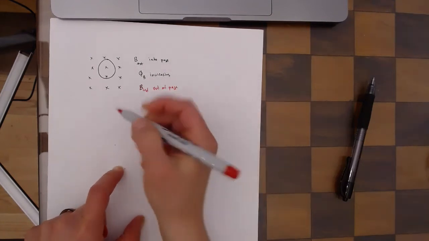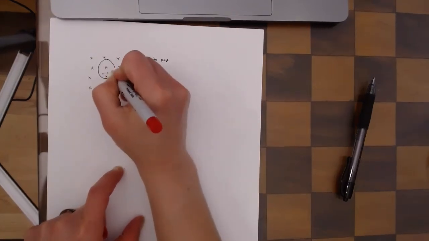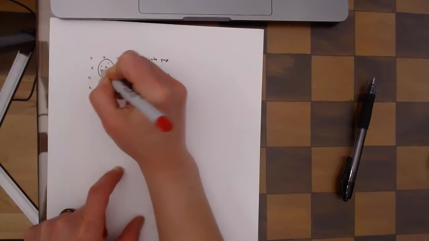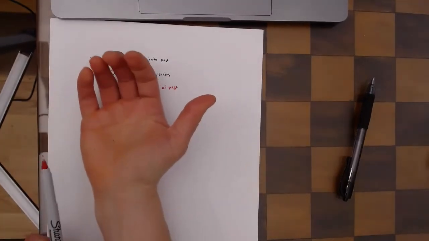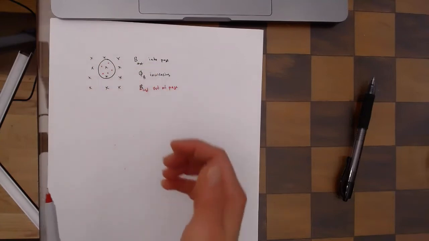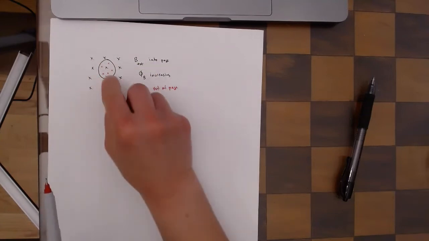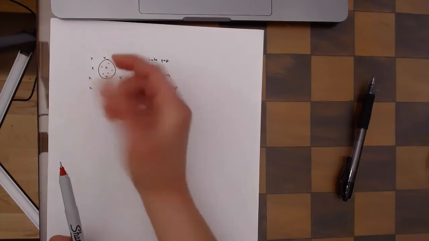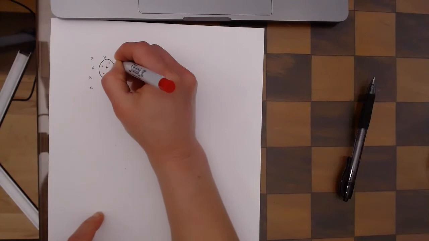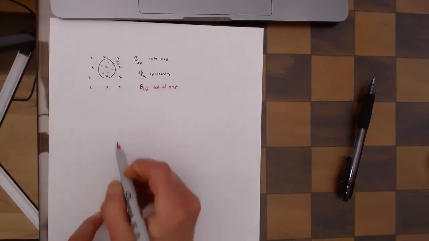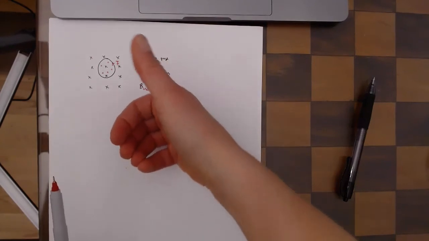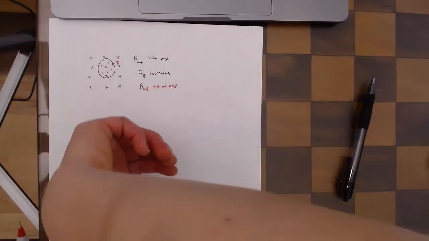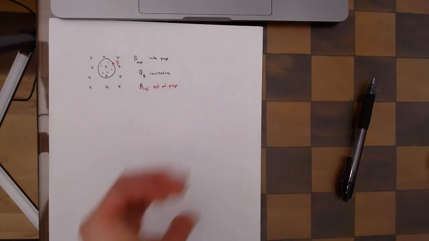So the induced magnetic field, this red thing, will be coming out of the page. Using the curly right-hand rule, the current that would have created that out of the page is going counterclockwise around this loop. If you take your thumb and go around the loop, in the center of the loop, your fingers are coming out of the page.